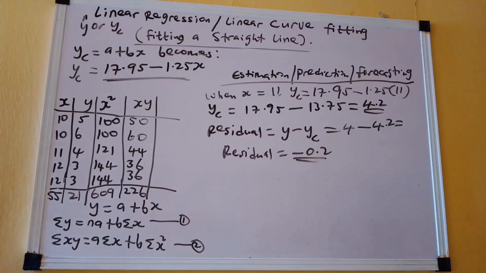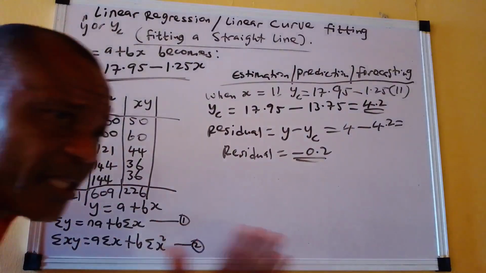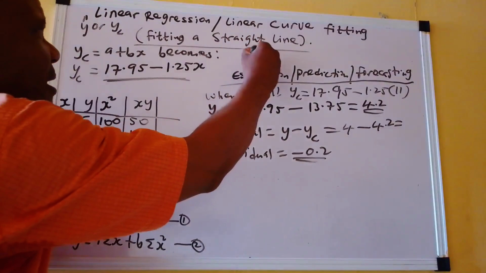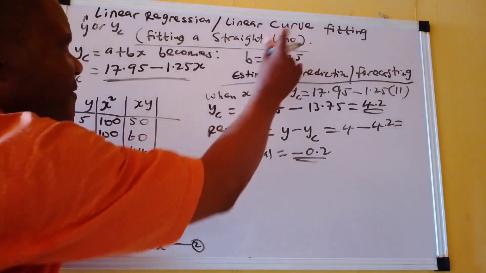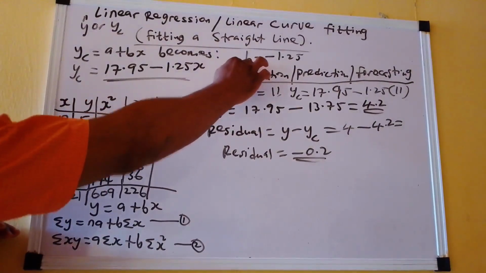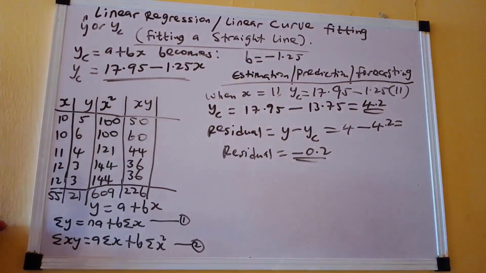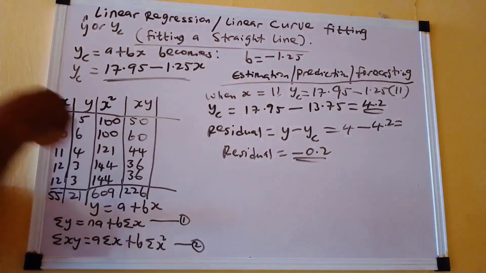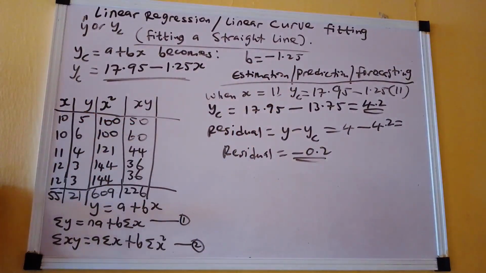Having this, let's go to the interpretation of the b. We have not interpreted it. Our b is equal to minus 1.25. Remember from the introduction, b is the slope, and b can either be positive or negative. b is what determines the nature of the relationship between the two variables x and y.